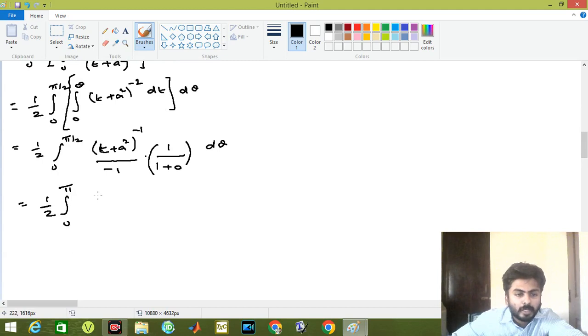Here this minus will come outside, and this will become 1 by t plus a square into d theta. The entire thing is constant.